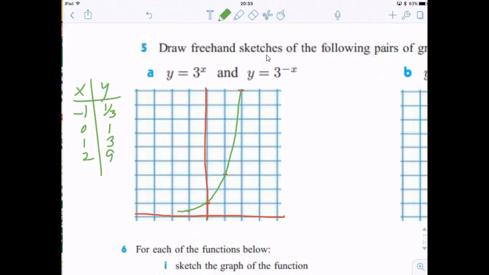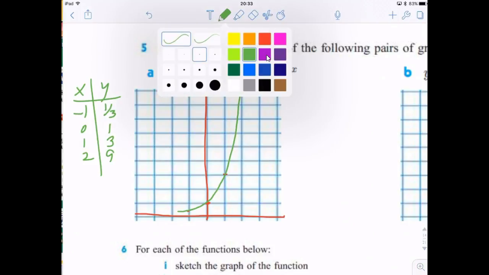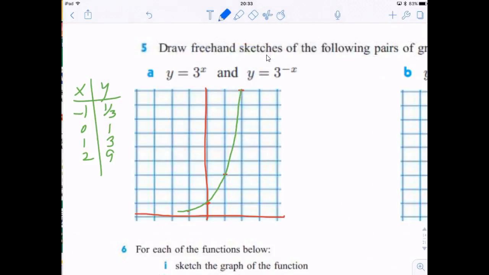If you remember from the investigation, 3 to the negative x basically is going to reflect it about the y-axis. But just to confirm, we'll go ahead and put in similar values here. Okay, so if we put -2 in there, we're going to get 3 to the -2, which is 3 to the 2, which is 9.